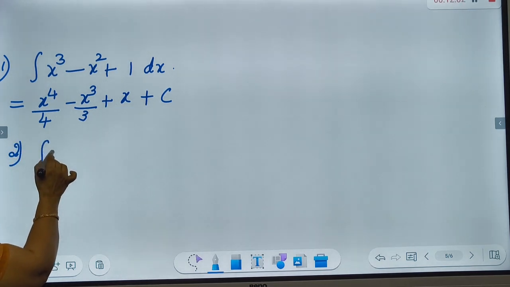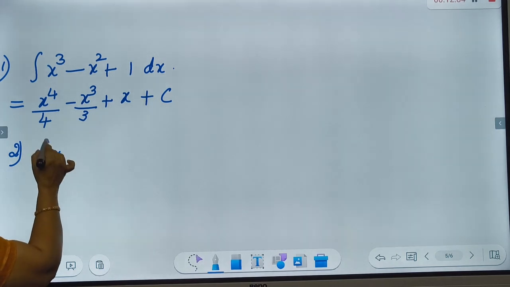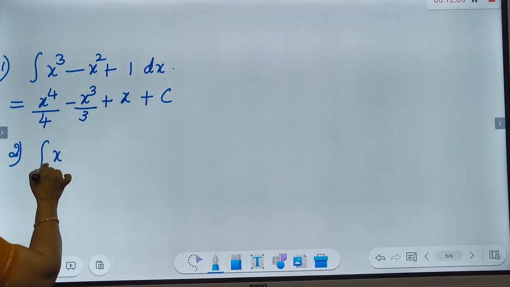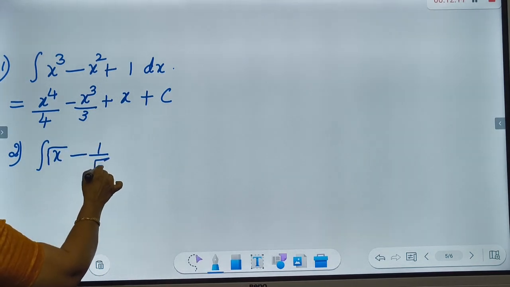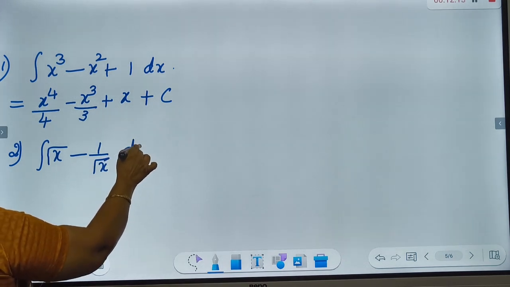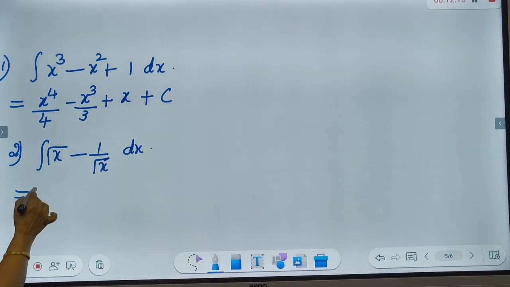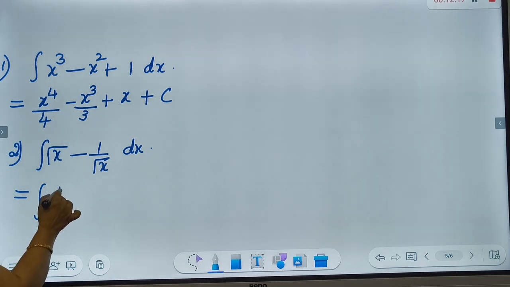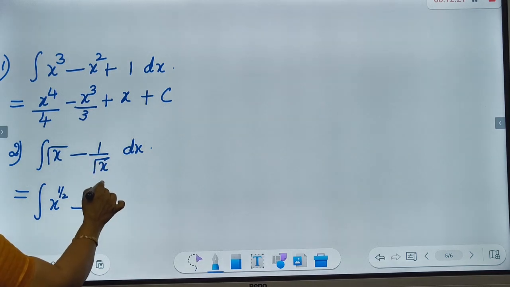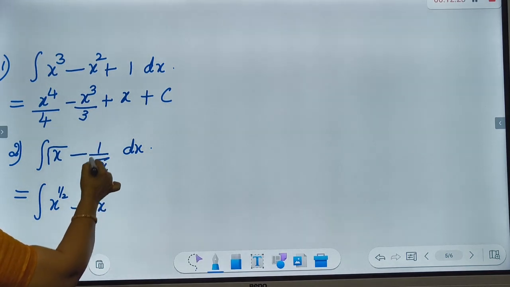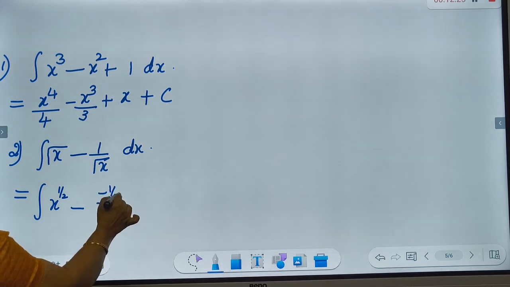Integral of root x minus 1 by root x dx. This will be integral of x power half minus integral of, see this is 1 by x power half, x power 1 by root x, and it becomes x power minus half.